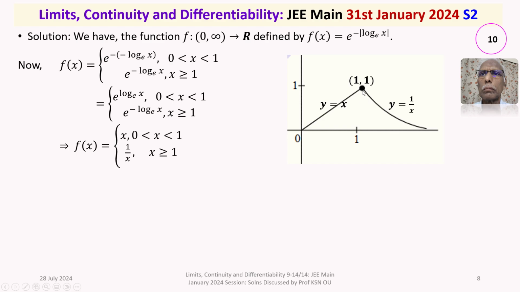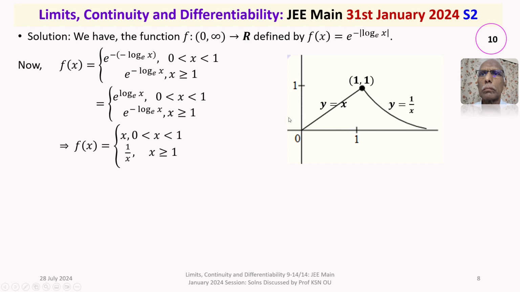And what about the differentiability at this point 1, 1? You see that there is a steep corner at the point 1, 1, then the differentiability will be lost at 1, 1.